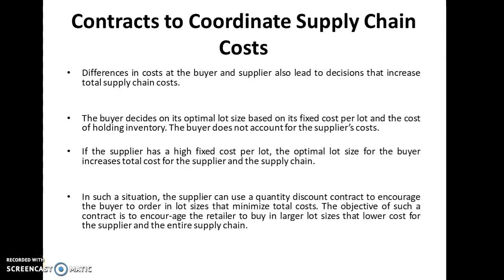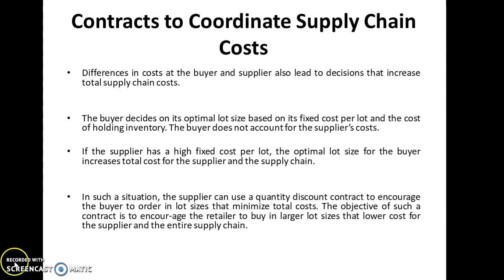Next point is contracts to coordinate supply chain cost. Differences in cost at the buyer and supplier also lead to decisions that increase total supply chain cost. The buyer decides on its optimal lot size based on its fixed cost per lot and the cost of holding inventory.